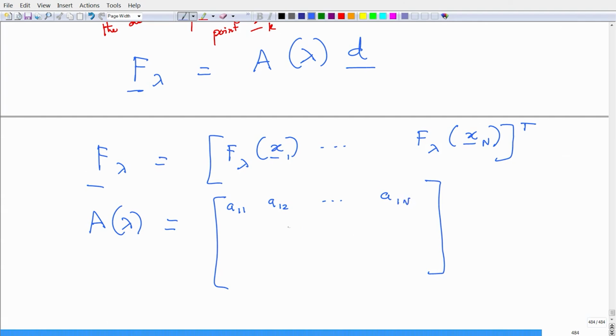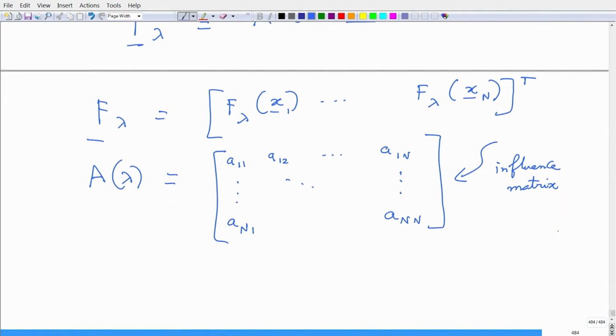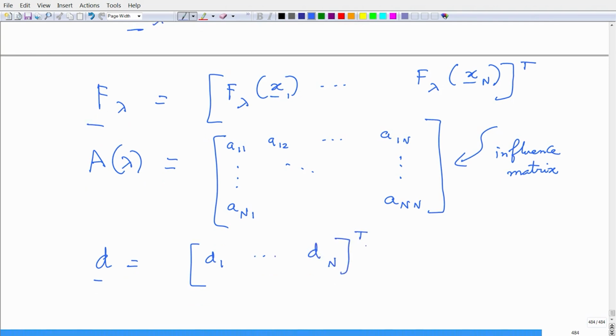It is an N by N matrix, it has N square elements, and this is called the influence matrix. Now d is the vector we are familiar with, d_1, d_2, and so on. You stack up all the desired responses, and that is an N by 1 column vector.